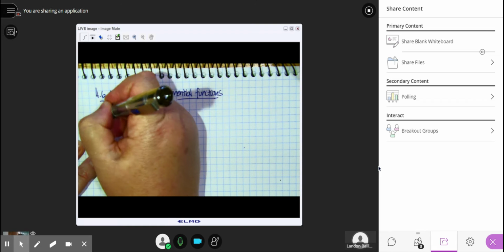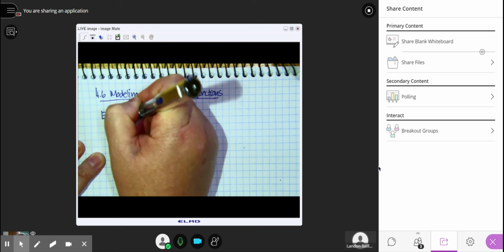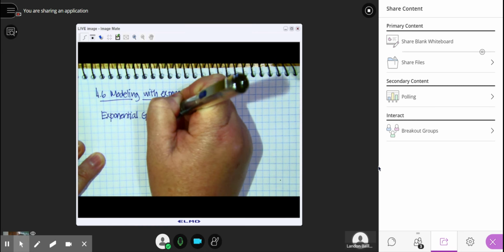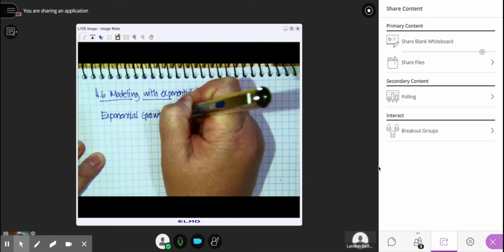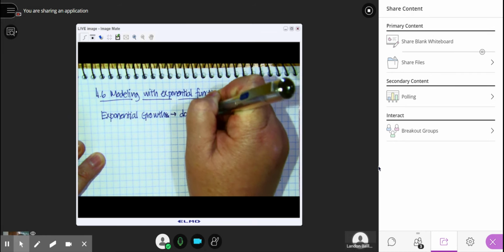Okay. Exponential growth, doubling time.